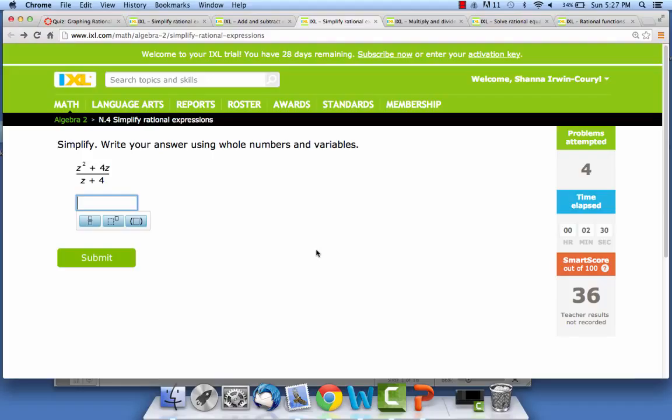Okay, if you factor z out of the top, you get z plus 4, so this is just going to be z.